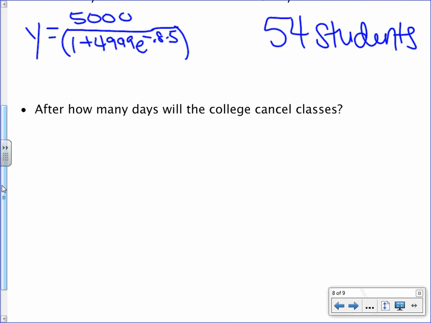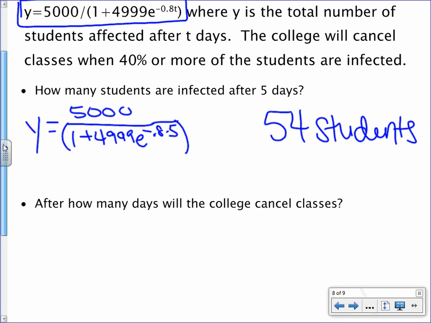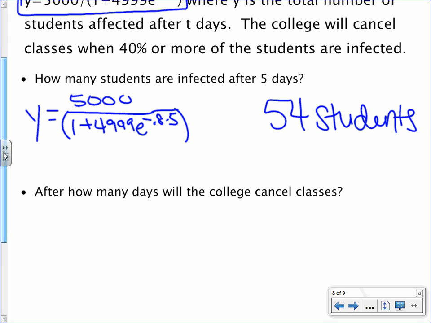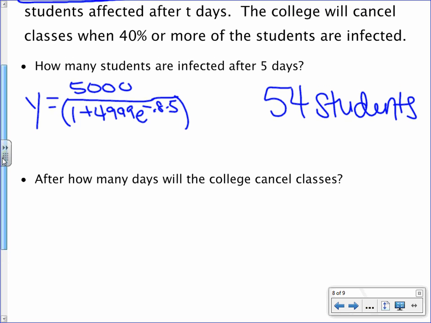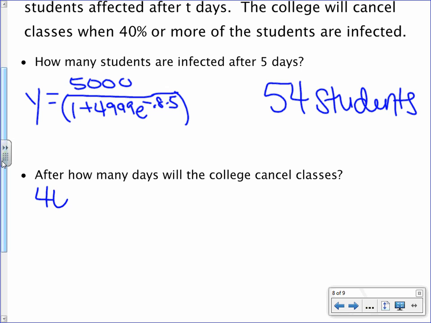Now, back up to the problem, the college will cancel classes when 40% or more of the students are infected. So what is 40% of campus? 40% of 5,000 is 2,000.